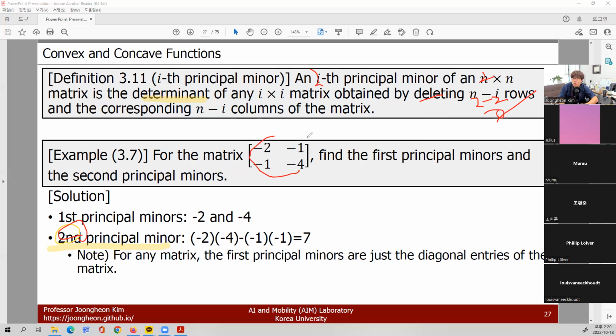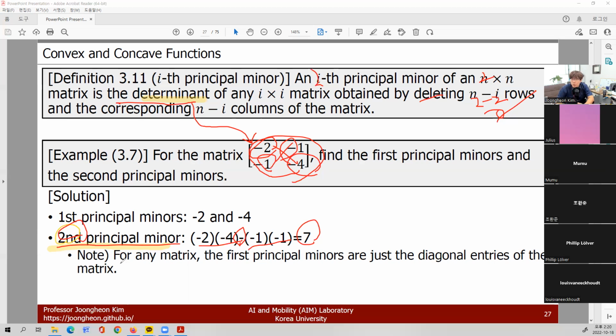That's why you have this matrix entirely. Then you have to calculate the determinant of this entire matrix. You multiply -2 and -4, and then minus -1 times -1. That's why you have 7. This is the second principal minor.